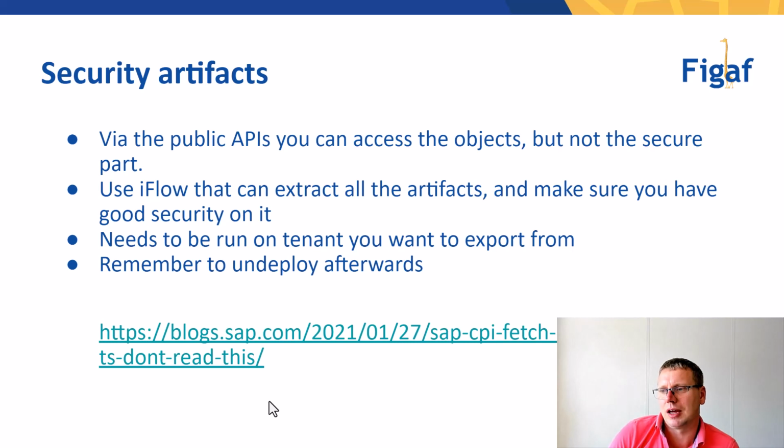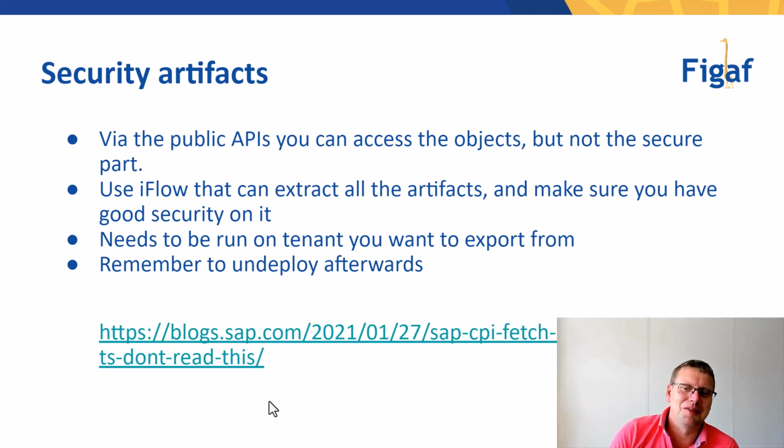So go through that one, export your passwords, and then I think you could import them via some APIs. Obviously, you need to remember to undeploy it. You need to have some security in place, so not everybody with message run access would be able to process this.